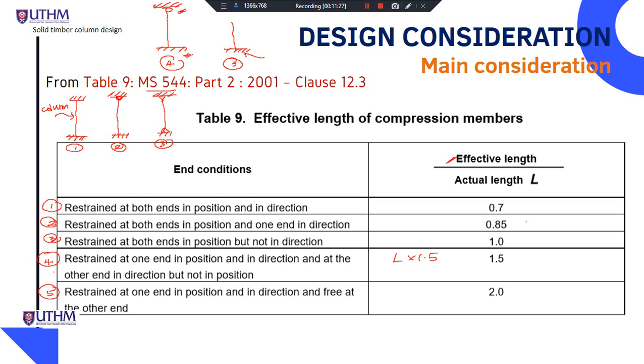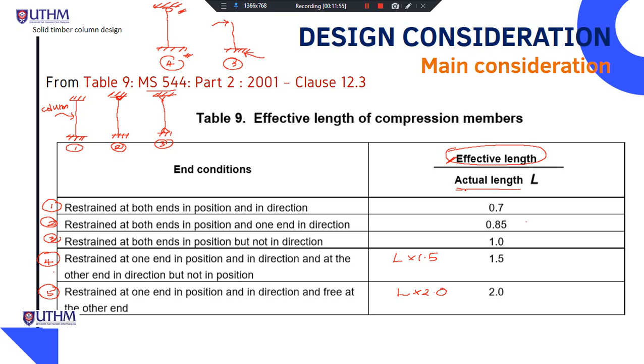One end is restrained in position and also in direction, meaning this is a fixed support, and at the other end it is free. Thus we need to multiply L with 2.0 to get the effective length.